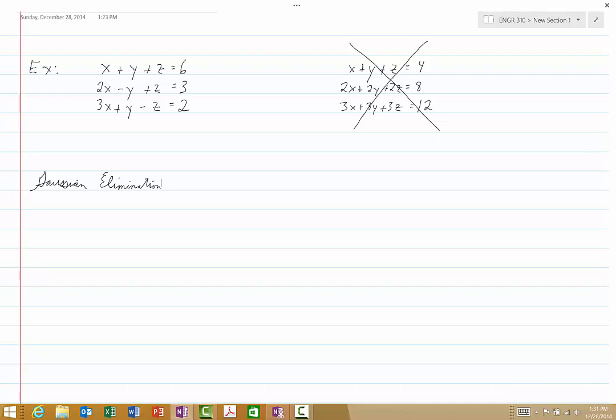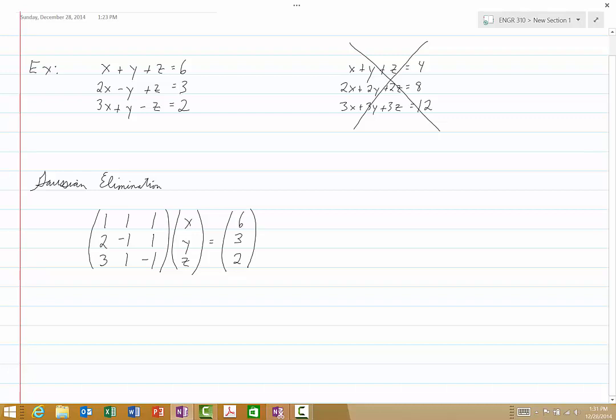The system of equations that we have here is equivalent to the following: 1, 1, 1, 2, negative 1, 1, 3, 1, negative 1, times x, y, z, equals 6, 3, 2.